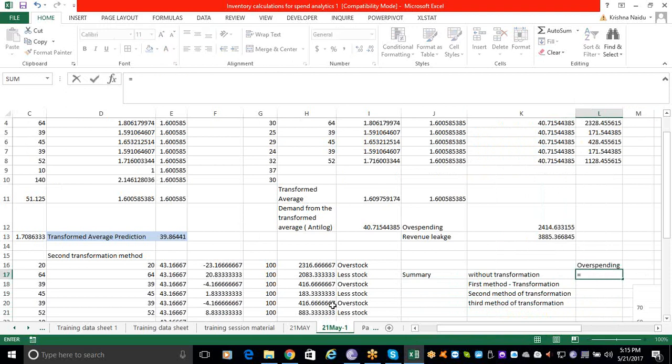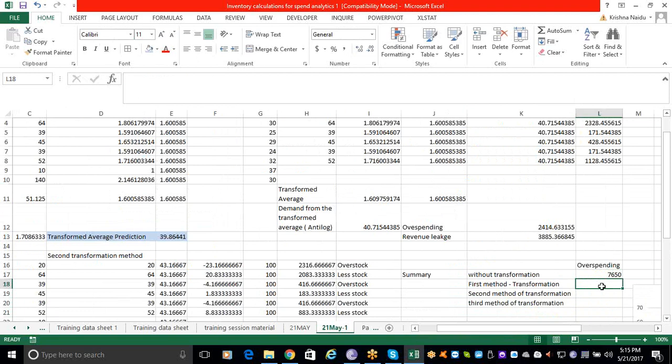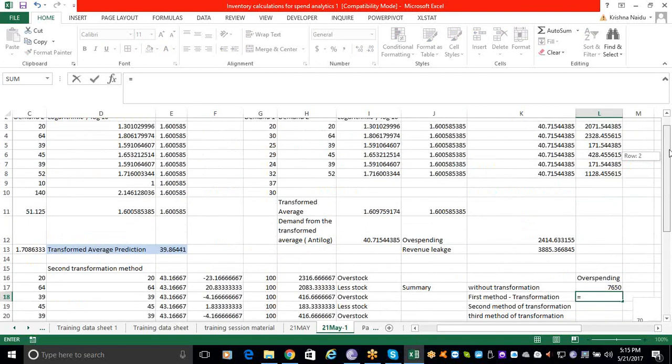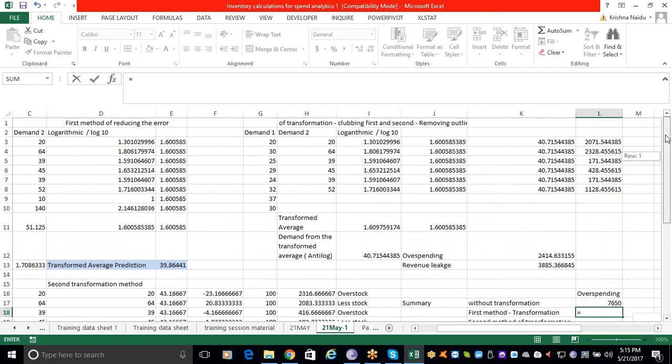The first case, it was how much? 7,650. Second case, how much? It was... why did we do that?